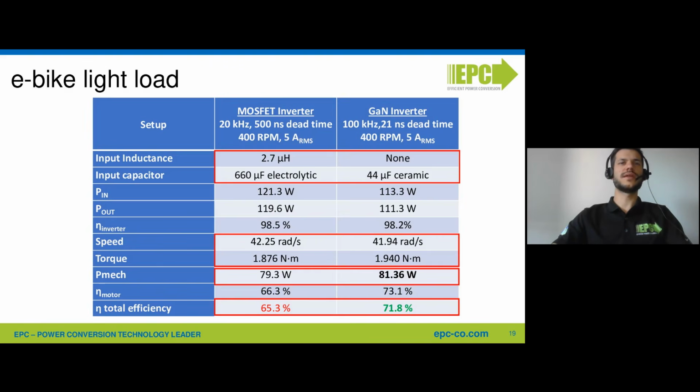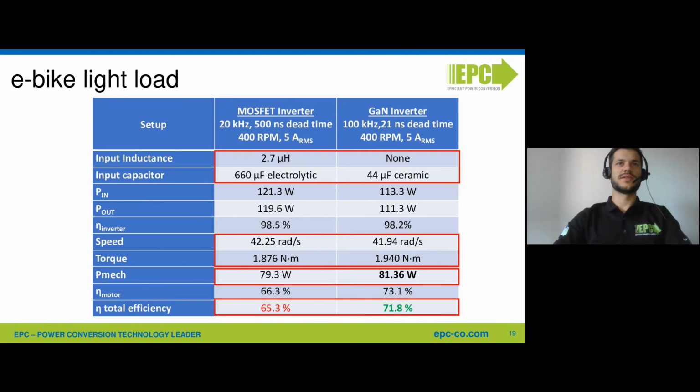If you measure the electrical power that flows into the MOSFET inverter and out of the MOSFET inverter, so before the motor, and you do the same for the GaN, surprisingly, the silicon MOSFET inverter is a little more efficient. And that is actually not a problem, because the efficiency of the inverters in general, both MOSFET inverters and the gallium nitride inverters, is very high. But the main difference is in the efficiency of the motor.